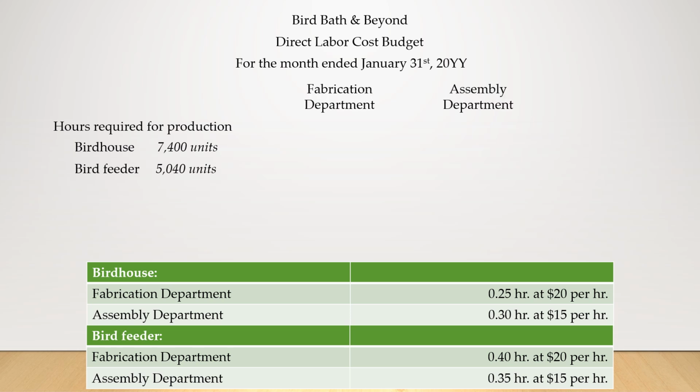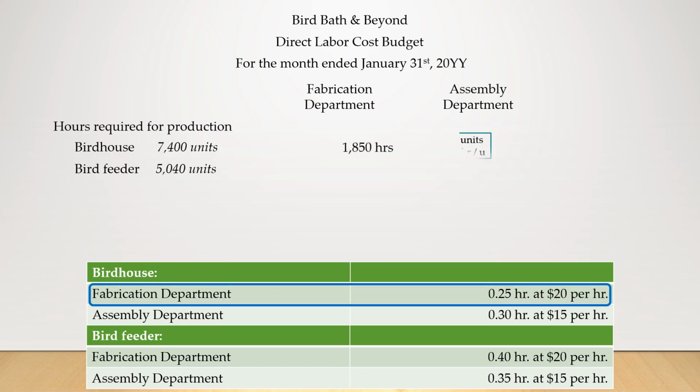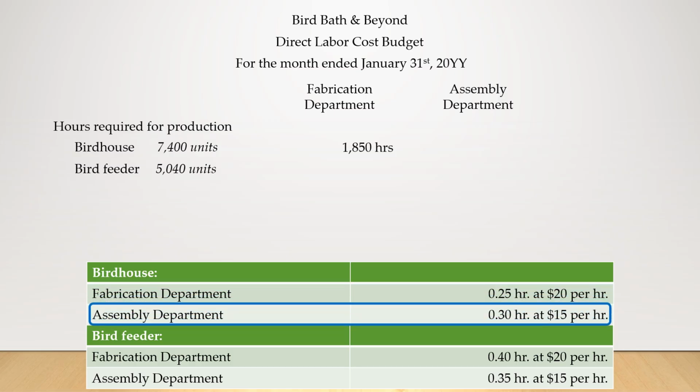We first need to determine the total labor hours in each department for each product. The birdhouses will require 1,850 direct labor hours, the number of units times 0.25 hours per unit. They will then require 2,220 direct labor hours in assembly, 7,400 units times 0.3 direct labor hours per unit.